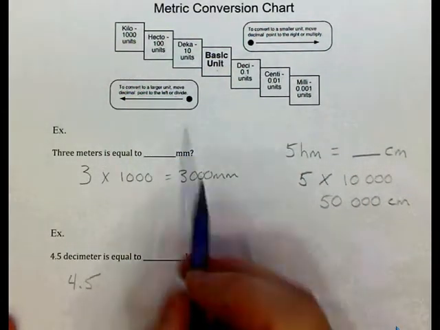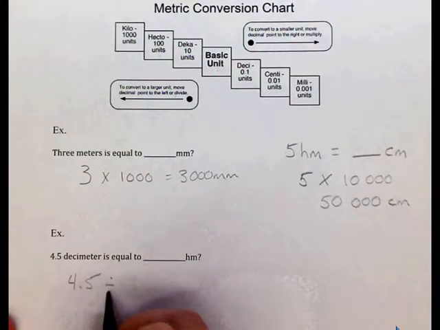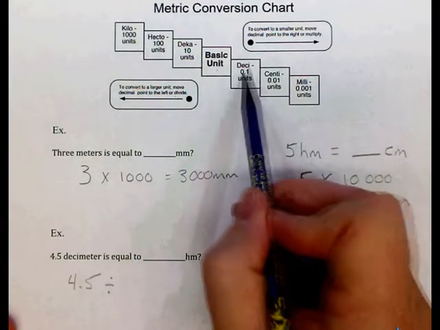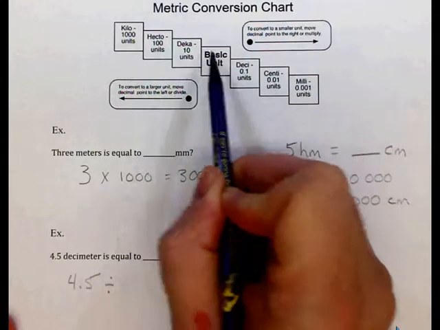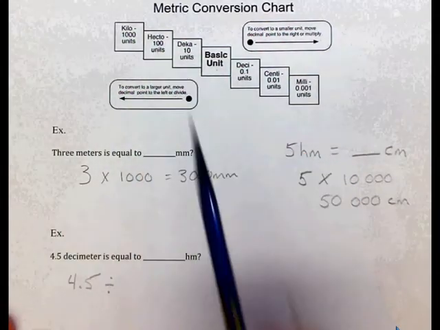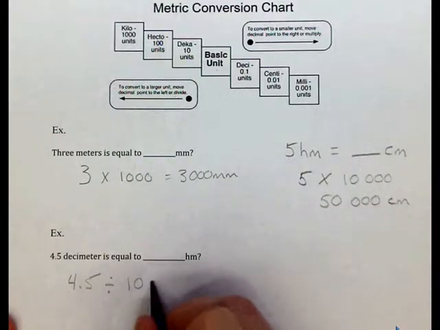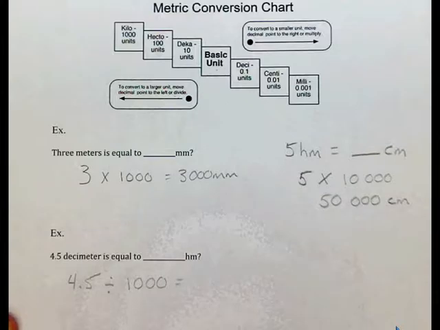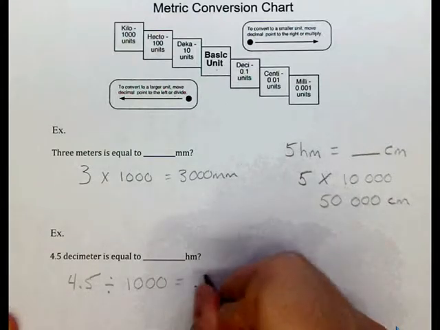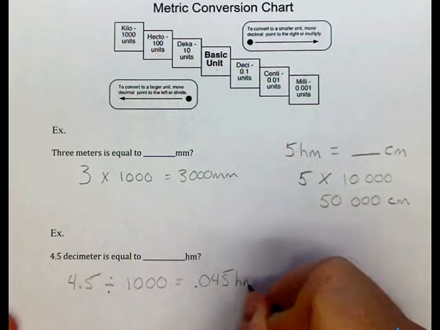Moving to the left requires us to divide. Well, divide by what? We start with a decimeter, and every step is a factor of 10. 10, 100, 1,000. So we will be dividing by 1,000. 4.5 divided by 1,000 is 0.045 hectometers.